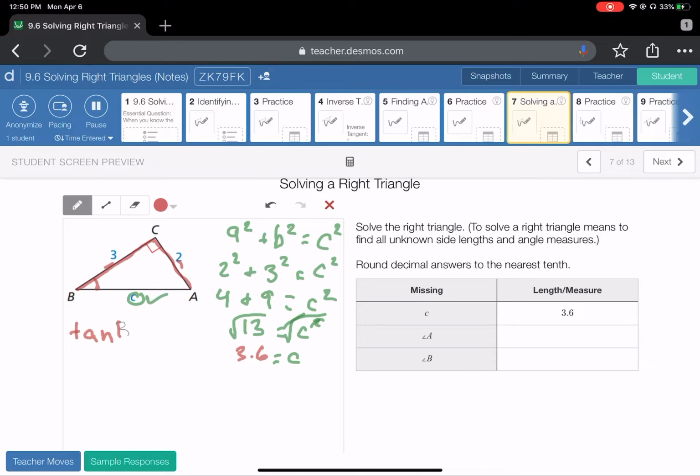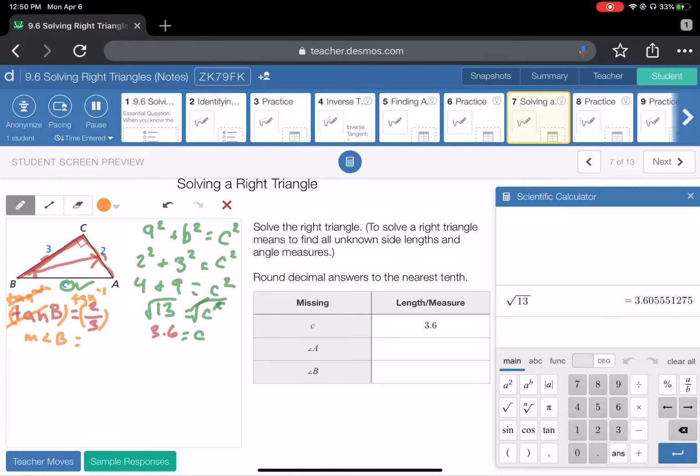So the tangent of B is equal to opposite over adjacent. So 2 over 3 is equal to the tangent of B. Now we can do this by doing the inverse. We can find out what B is by taking the inverse. Tangent inverse cancels that out. So the measure of our angle B is equal to the tangent inverse of 2 over 3.